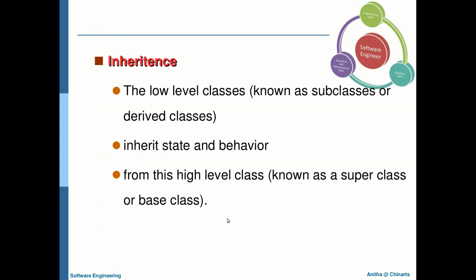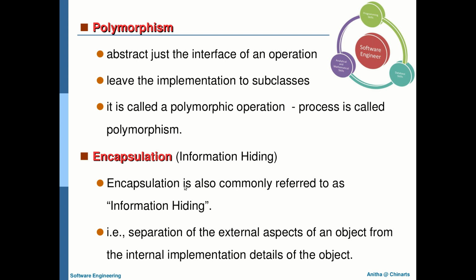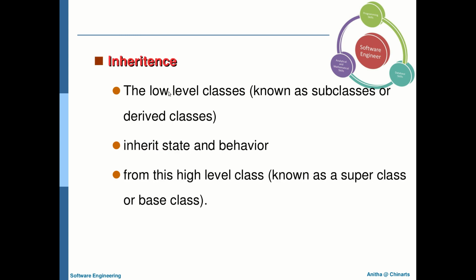Then we have seen three important object-oriented properties. You call them inheritance, polymorphism and encapsulation. Inheritance is nothing but a low-level class inheriting the states and behavior of the high-level class.